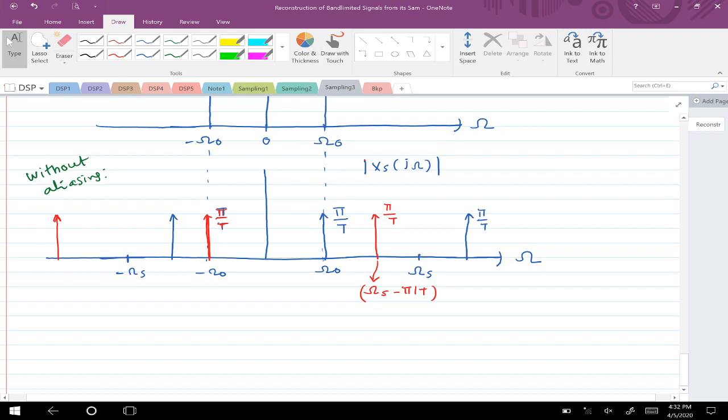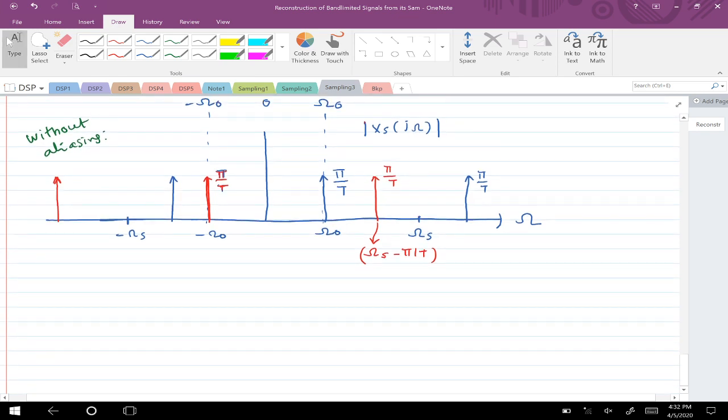Now let's draw the low pass filter. How does that look? I don't need to draw it so long anyway. That would come somewhere at omega s by 2, so somewhere here it would come, correct?